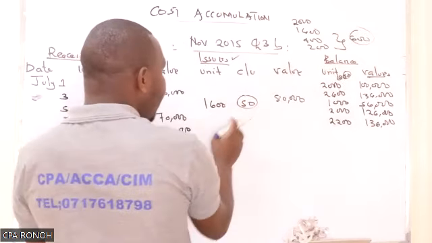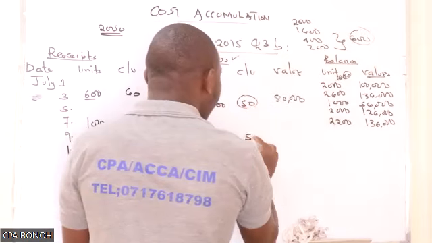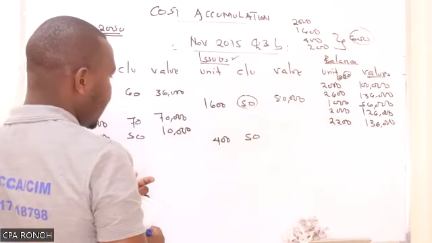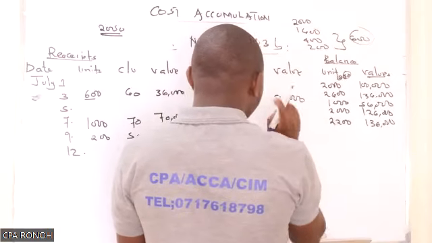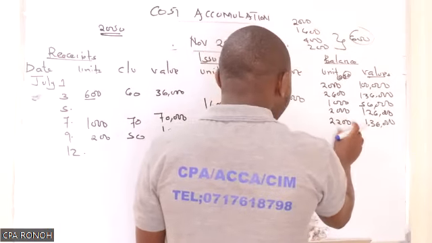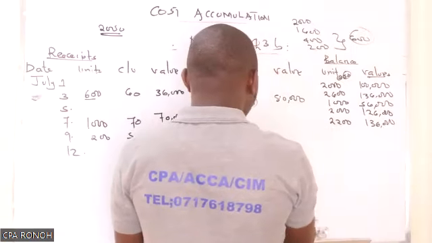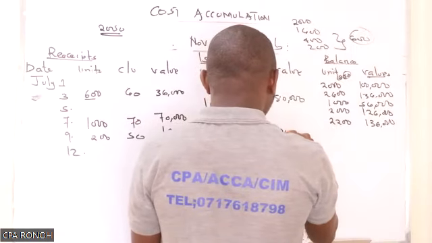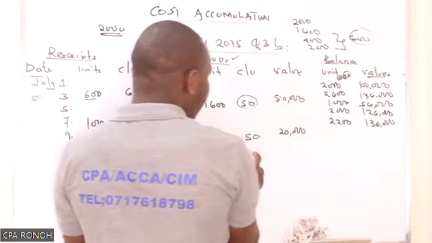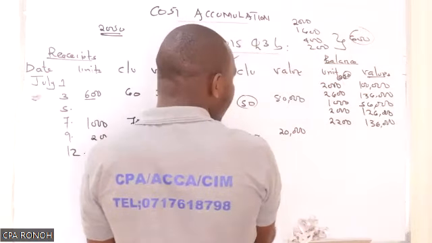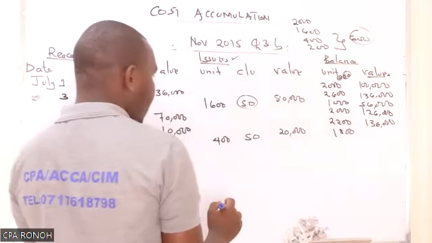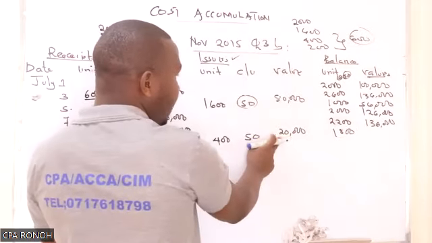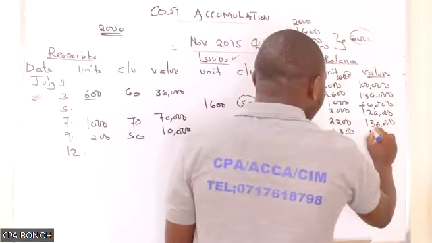So we will issue again at the same cost of 50. So that comes to 20,000 for 400 units. Then you less these units from this one, remaining at 1,800. Then 20,000 less from this one will remain with 116,000.